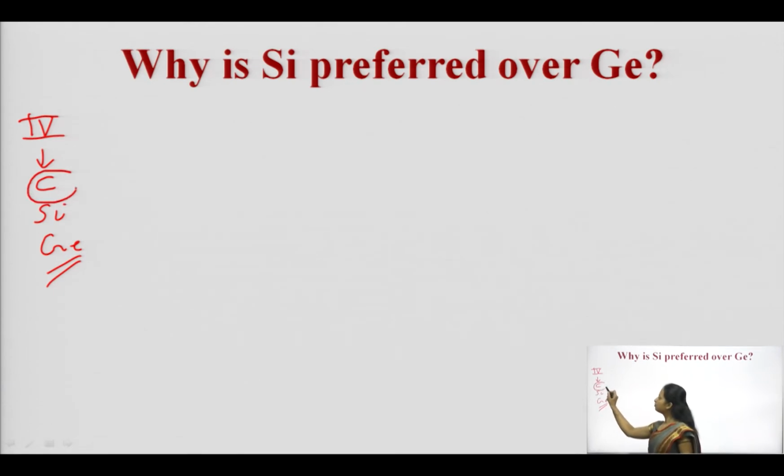Some refined form of carbon can be used, but commonly it is not used as a semiconductor. But out of silicon and germanium, I have already discussed certain factors. Why is silicon the preferred one over germanium?